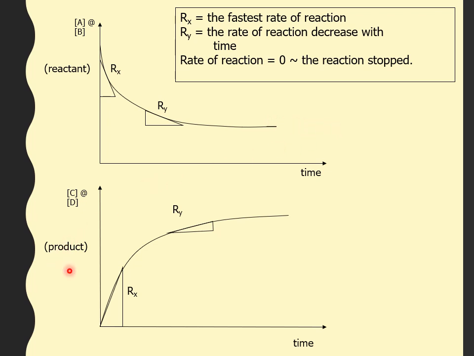For products, initially it is 0 because no product has formed yet, and then it produces product rapidly at the beginning, Rx, and then when the concentration has increased a bit, Ry is going on where the reaction is slower.